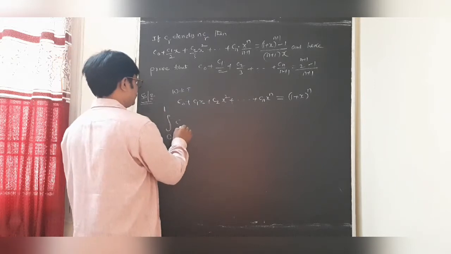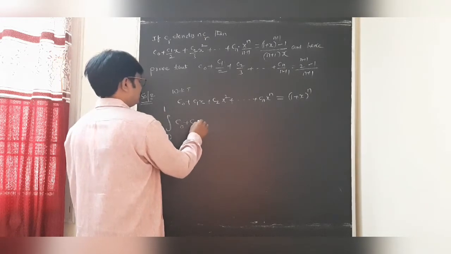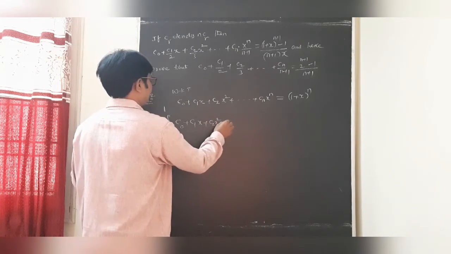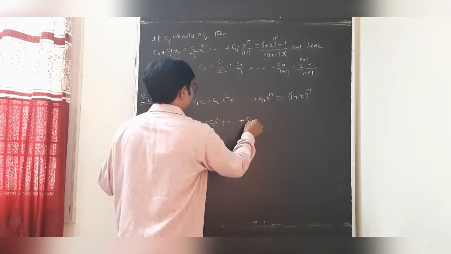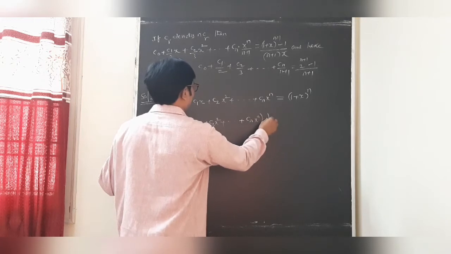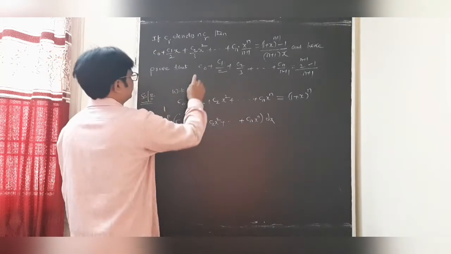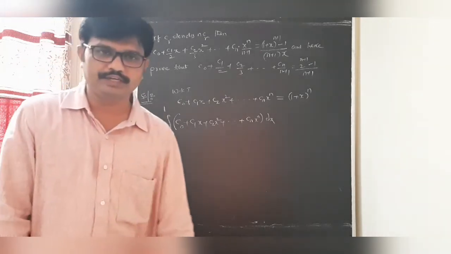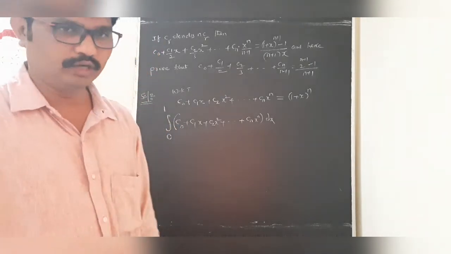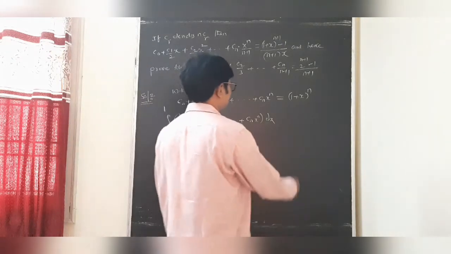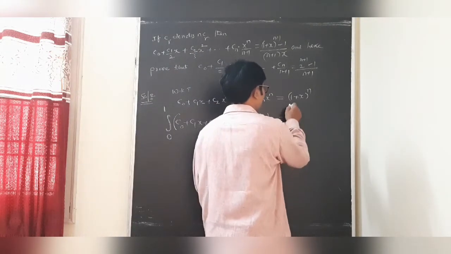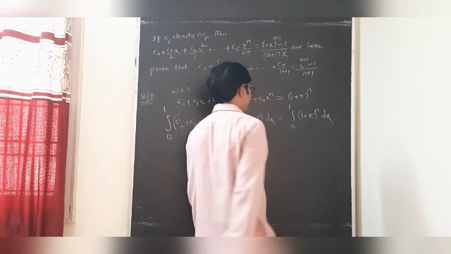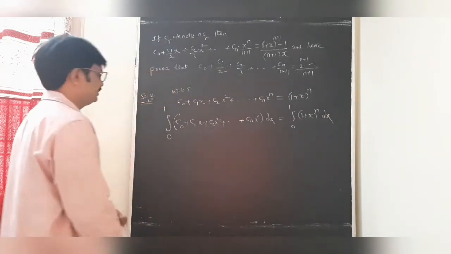This is C0 + C1 x + C2 x² and so on up to Cn x^n. When the denominators are 2, 3 like this, undoubtedly we are taking the integration. Okay students, after that this is also the integral from 0 to 1 of (1 + x)^n dx.